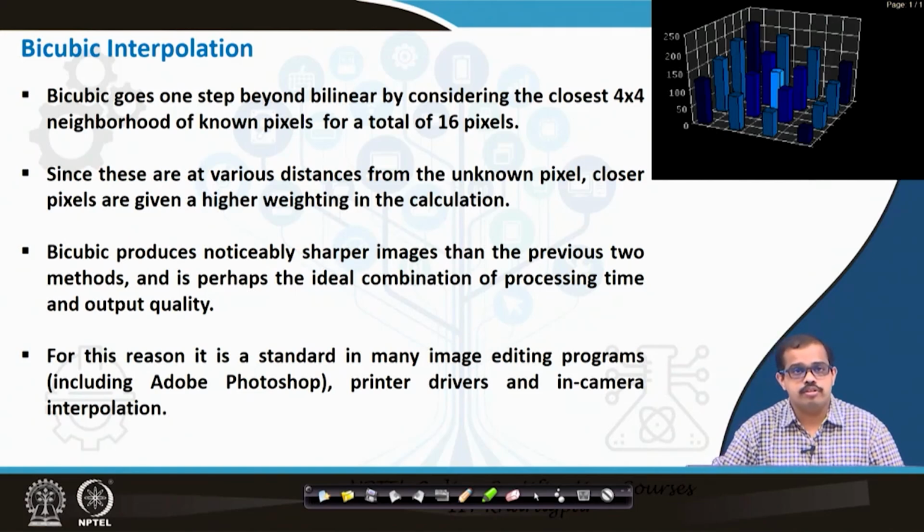So, bicubic produces noticeably sharper images than the previous 2 methods, and is perhaps the ideal combination of processing time and output quality. For this reason, it is a standard in many image editing programs. Printer drivers and in-camera drivers are also interpolated.